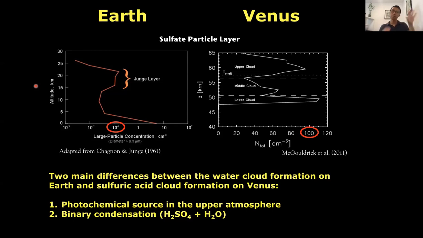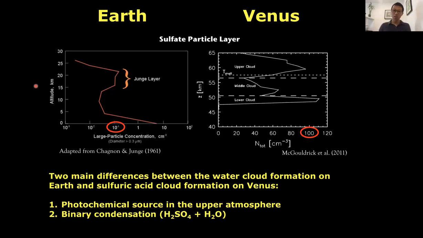Anyway, if we compare Earth and Venus, there are two main differences between water cloud formation on Earth and sulfuric acid cloud formation on Venus. The first one: on Earth, you have water vapor dredged up from the bottom, from the ocean, and you form clouds by condensation.